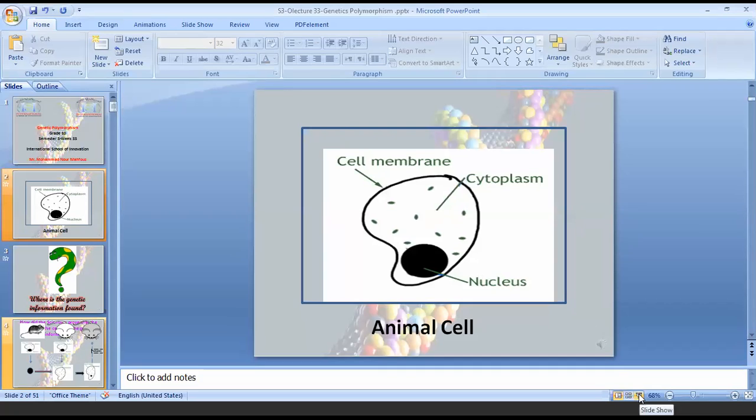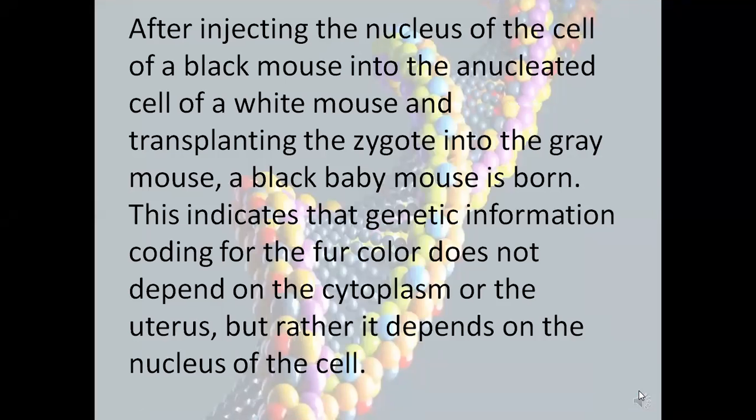The genetic information is located inside the nucleus, and it is not found inside the cytoplasm or the cell membrane of the white mouse, nor inside the uterus of the gray mouse. So let's interpret. Interpret, as I said before, means analyze with indication.